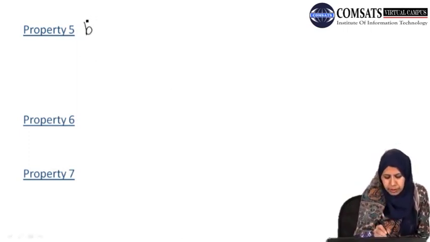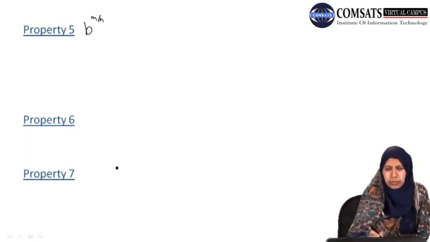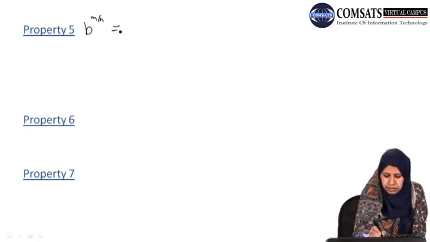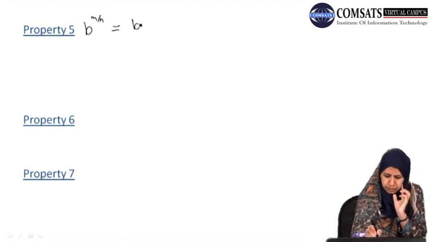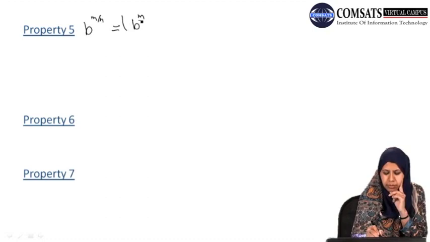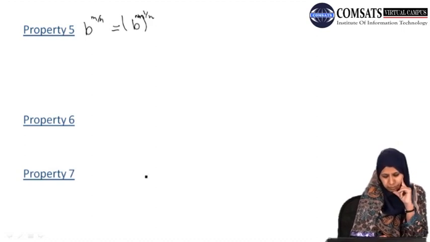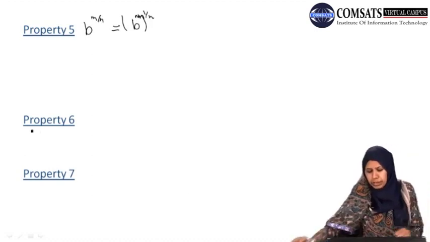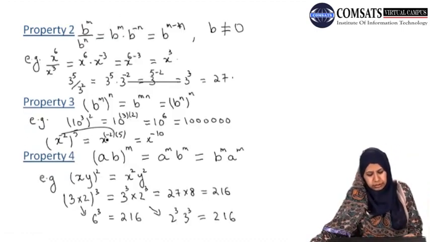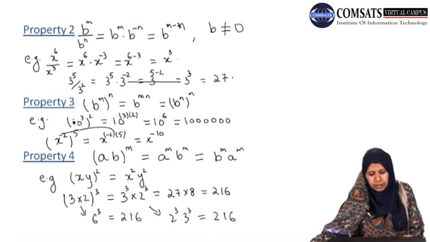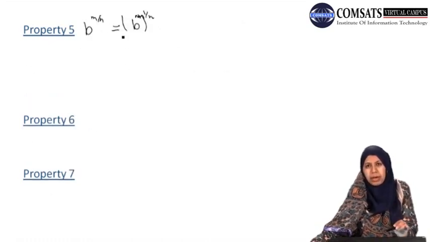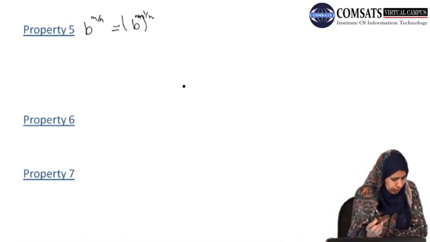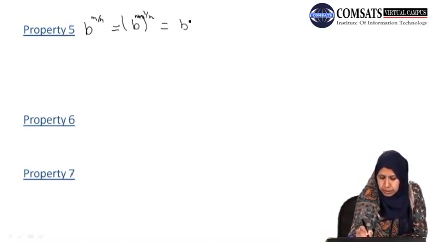If we have a base b with a power in ratio form, that is m over n, then this is nothing but taking the power m whole to the power 1 over n, because m into 1 over n is m over n, and by property 3 we are basically taking the power m and then the whole power 1 over n. How we write it is b to the power m and nth root.